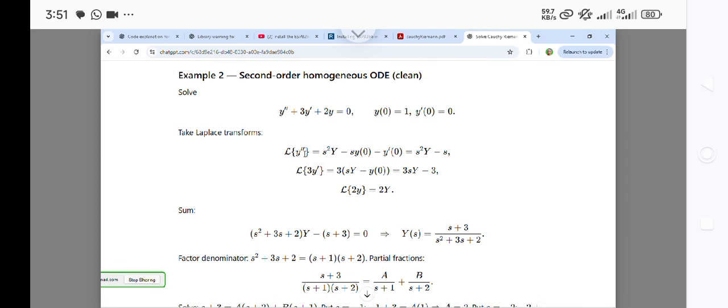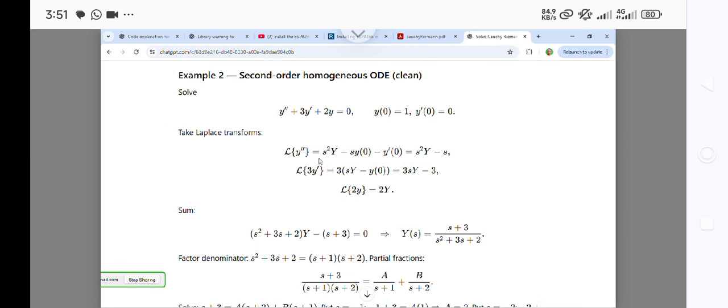If there were a triple prime, it would have been y''(0) to end there, and it would have been s cubed, s squared, s, and no s. But in this case we have s squared, s, and no s.